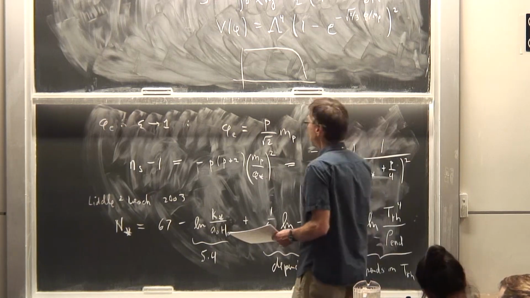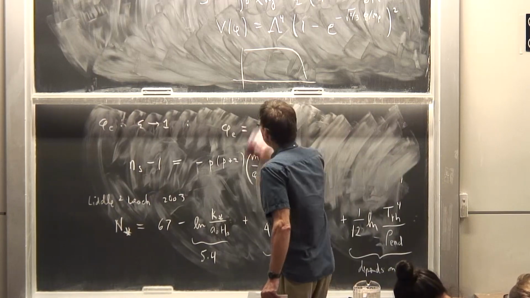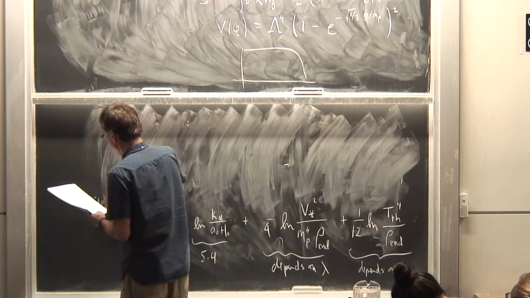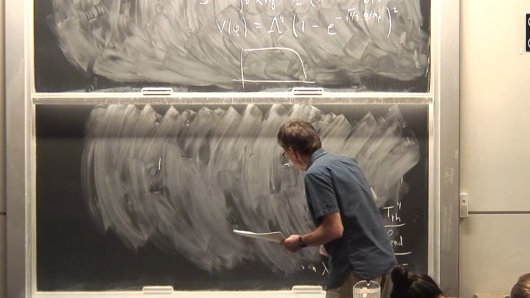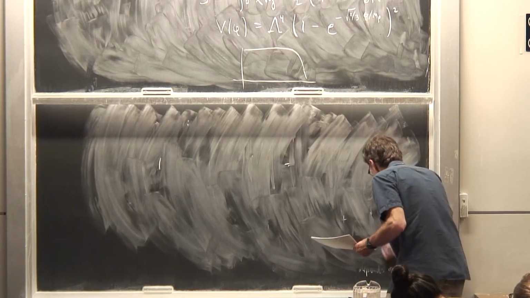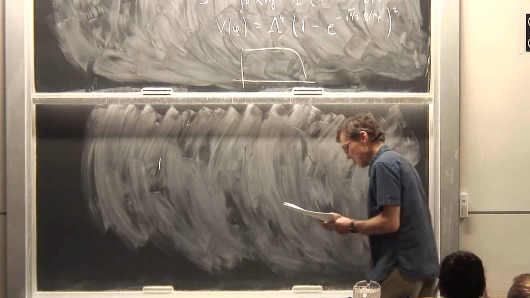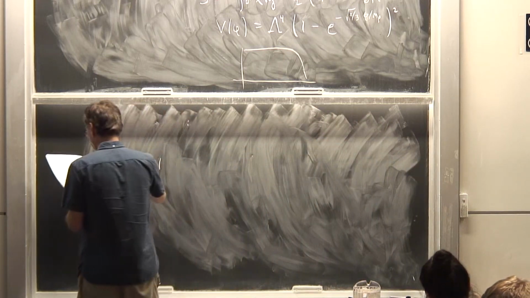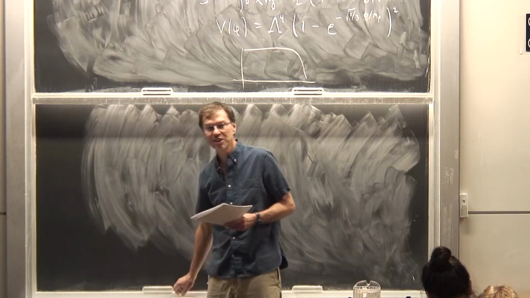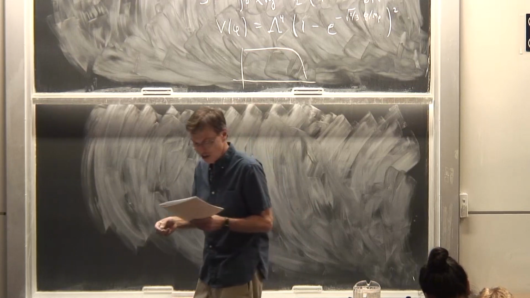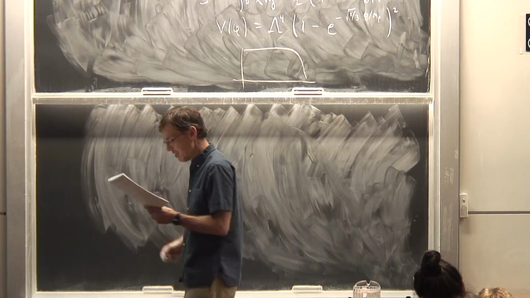And then a model that you've no doubt or probably heard about is Higgs inflation, where you use the Higgs field itself as the inflaton. But you can't do that just in the standard model. The Higgs potential by itself is not flat enough. Or if you just tried to do chaotic inflation with the Higgs potential, the parameters would not be right at all. You know, lambda in the standard model is like 0.12, not 10 to the minus 8.